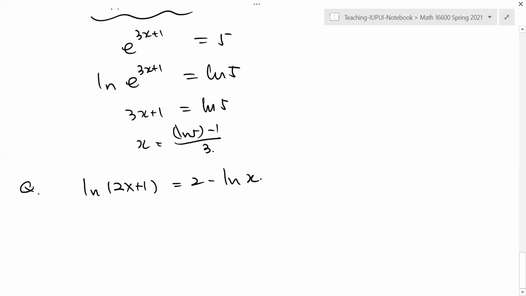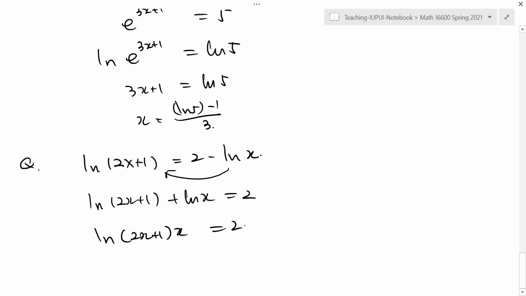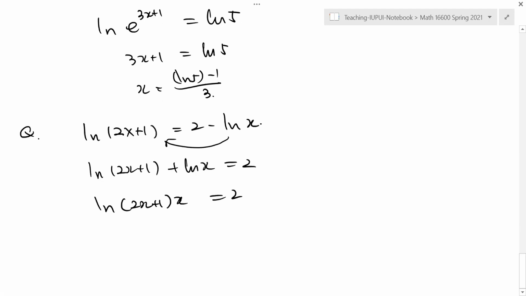How to solve this equation? There are many ways to solve it. Well, I can move this to the left, and then combine them. Then you get something very similar.